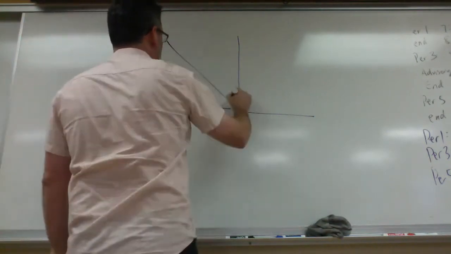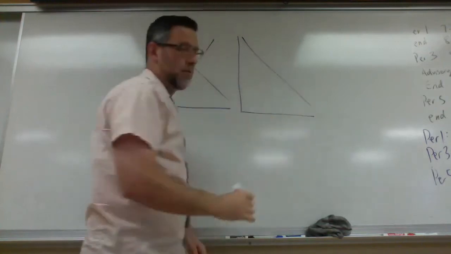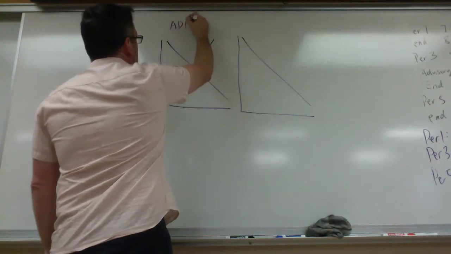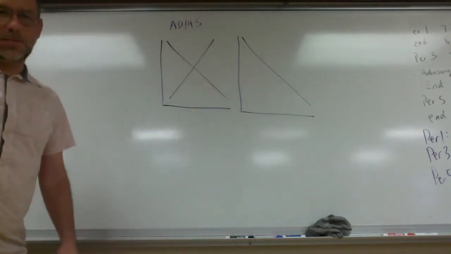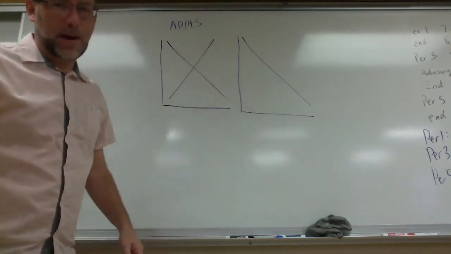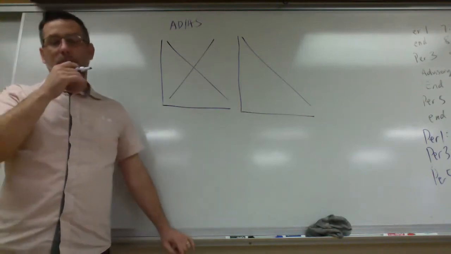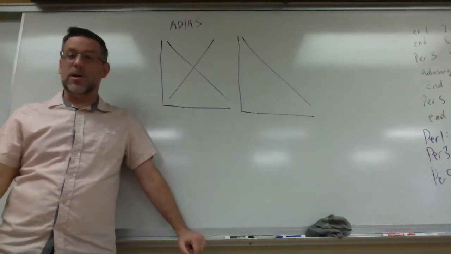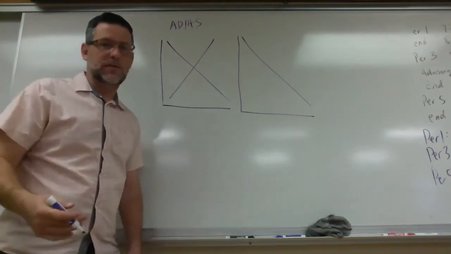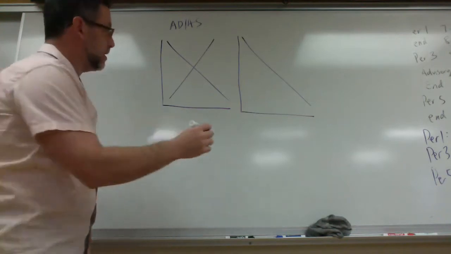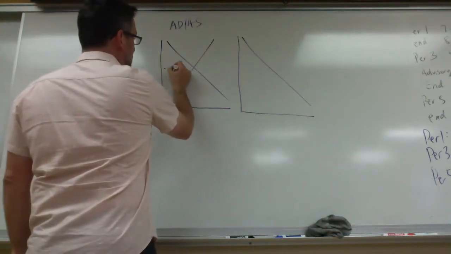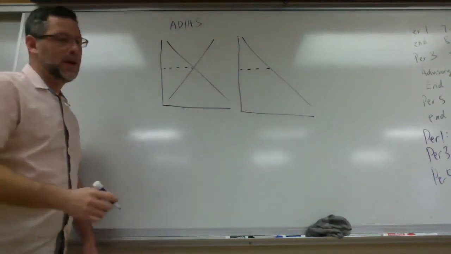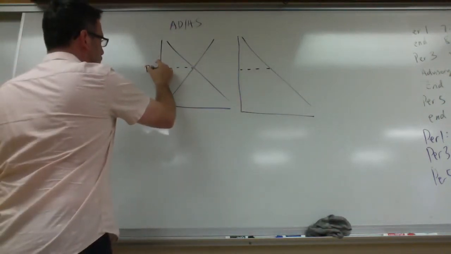Next, making a big X and making my short run Phillips curve. This is my aggregate demand, aggregate supply. This over here is going to be my Phillips curve. Now, let's say that this question says that we're at long run, we're starting off at full employment. Cool, starting off at full employment. Before we do anything, we want to line these two graphs up. Just like that, right? This is my current price level.